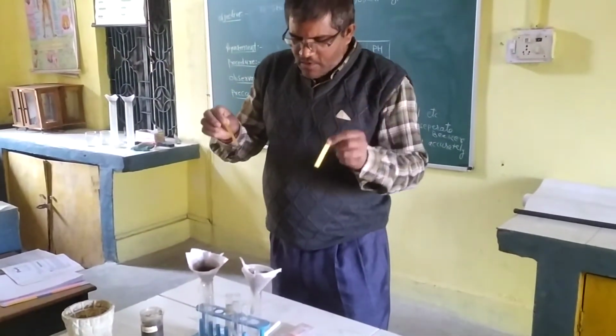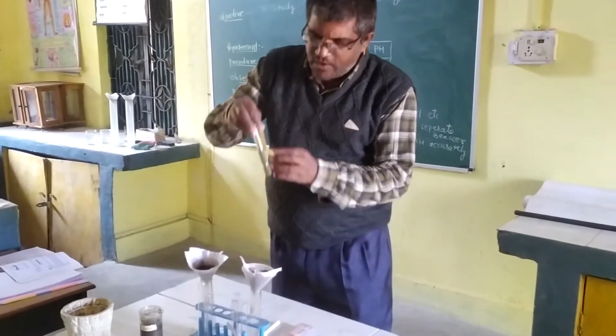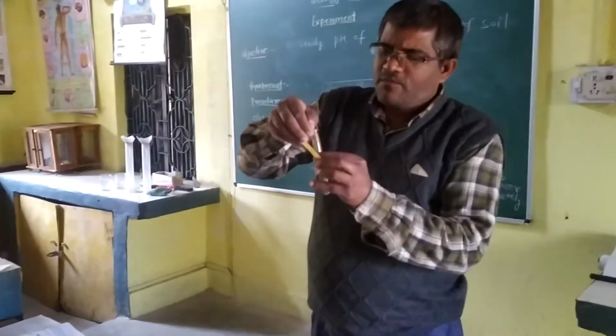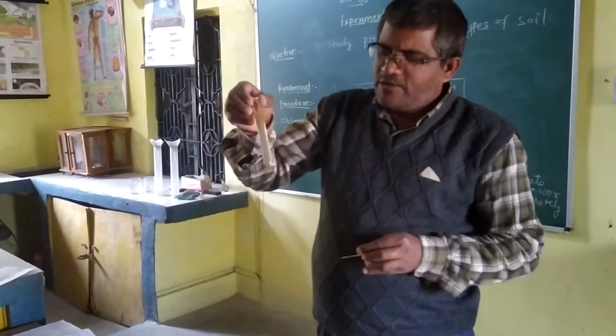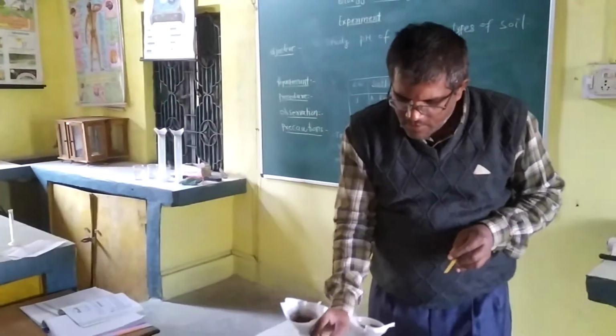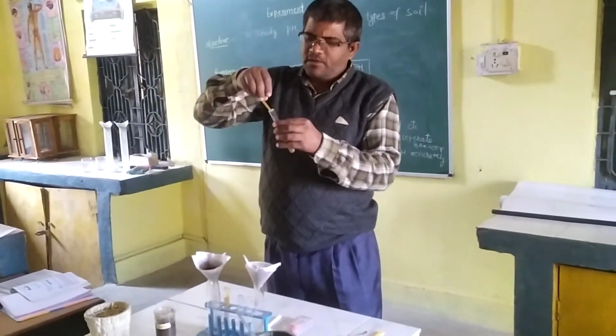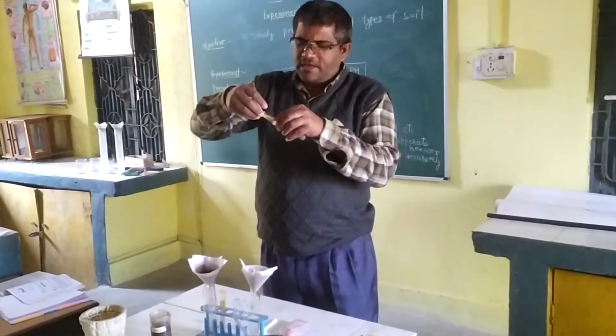Now one pH paper we have to dip in the soil sample, the garden soil, and this is the soil sample of the garden side.